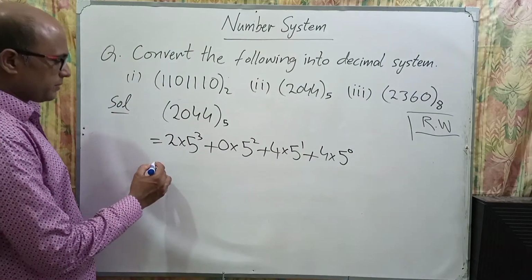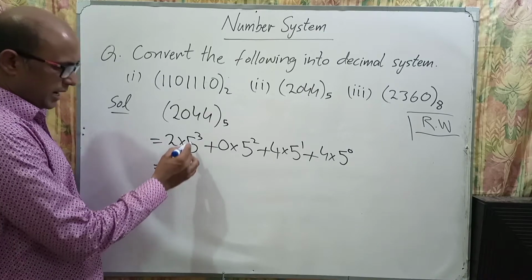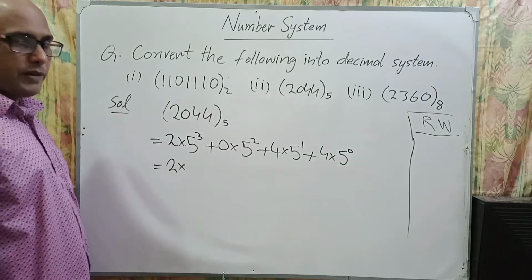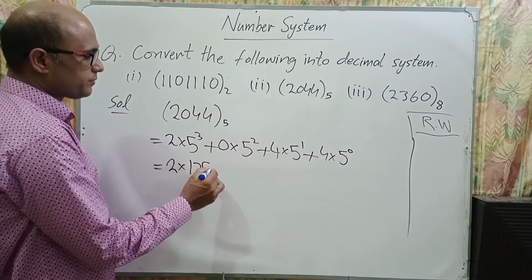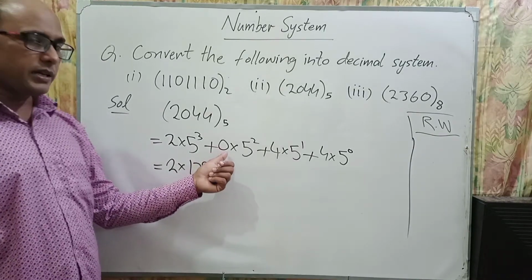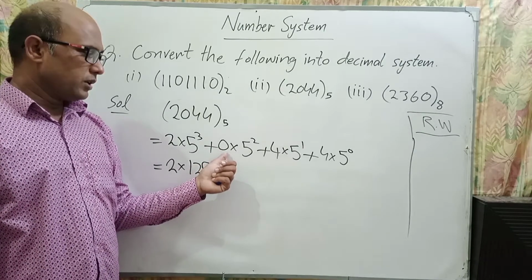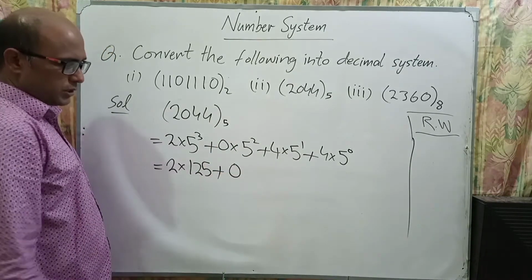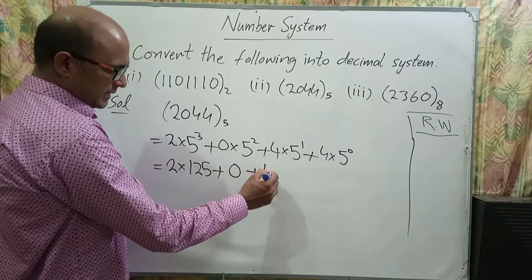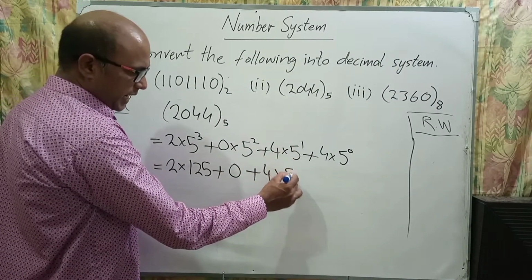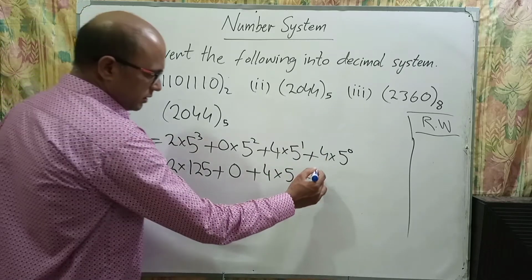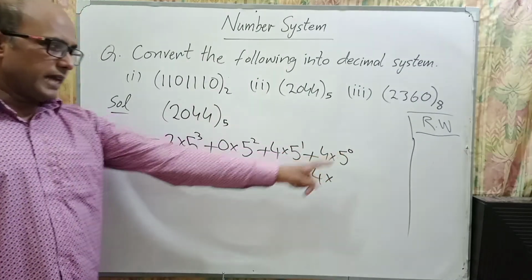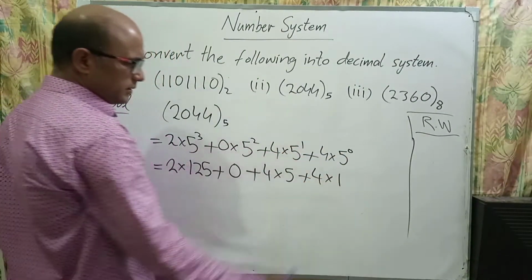So let's calculate them. 2 multiplied by power of 5 is 5 5s are 25 and 25 5s are 125. Now the next digit is 0, so it will make the number 5 power 2 0 also, plus 4 as it is, 5 power 1 is 5 plus 4 multiplied by power of 5 is 0, that means 1.